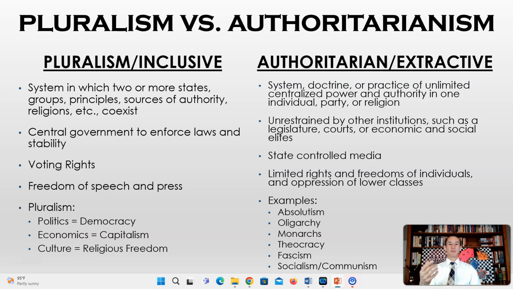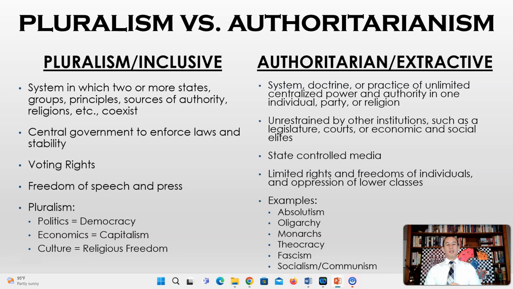In contrast to that is authoritarianism and extractive institutions. That is what most of human history is. A small group of people, an individual or small group of people extracting the wealth from the rest of the population. It is centralized power and authority in one individual or one party or one religion.